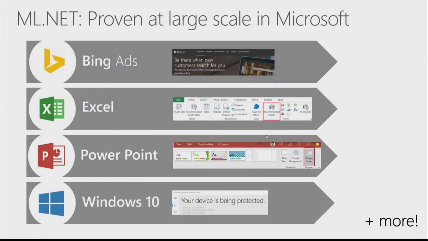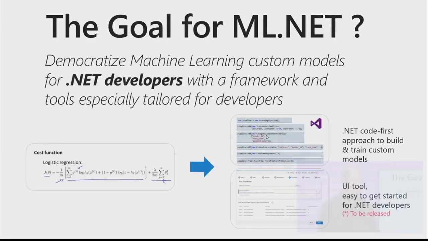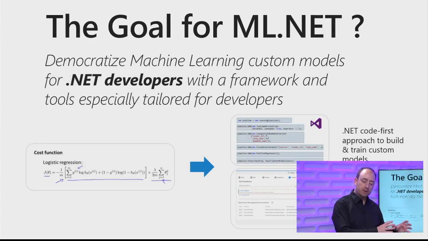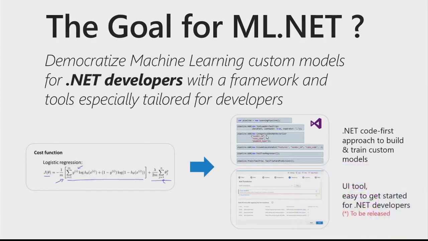I want to really highlight that this is not something just new, even when it is in preview. We've been using ML.NET internally at Microsoft in products like Bing or Excel or PowerPoint or Windows 10. And just a final highlight about ML.NET is that we want to democratize custom AI, or custom machine learning, for .NET developers.